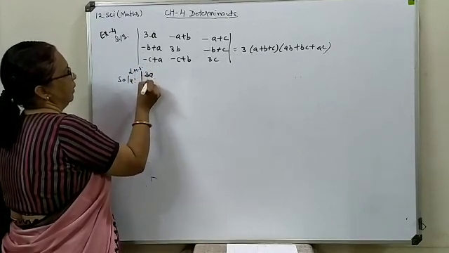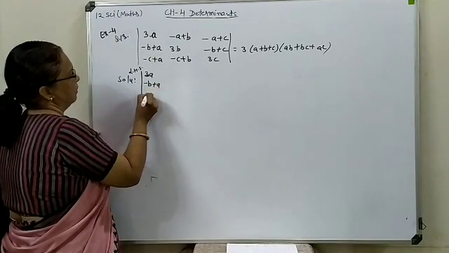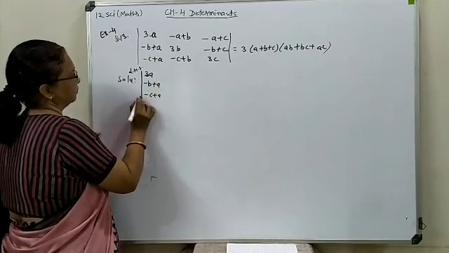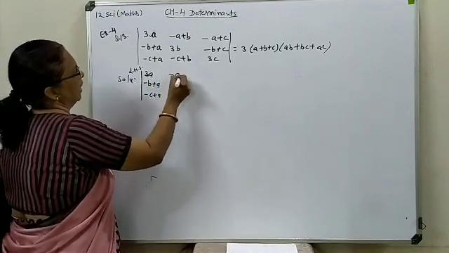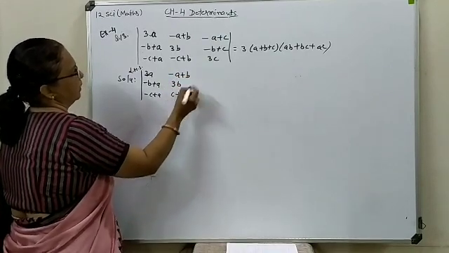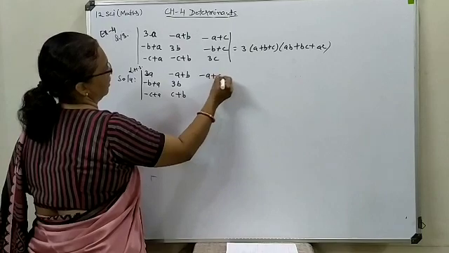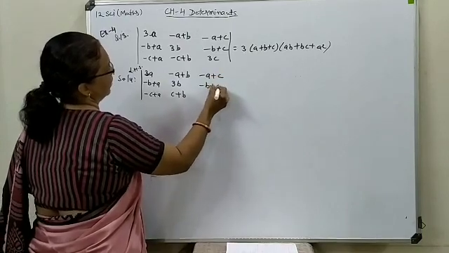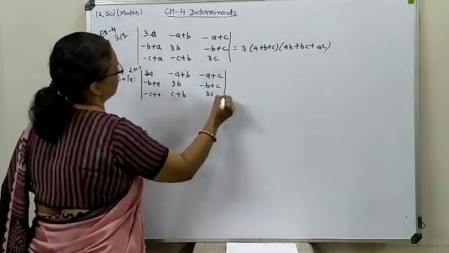Three a, minus b plus a, minus c plus a, plus b, 3b, c plus b, minus a plus c, minus b plus c and 3c.